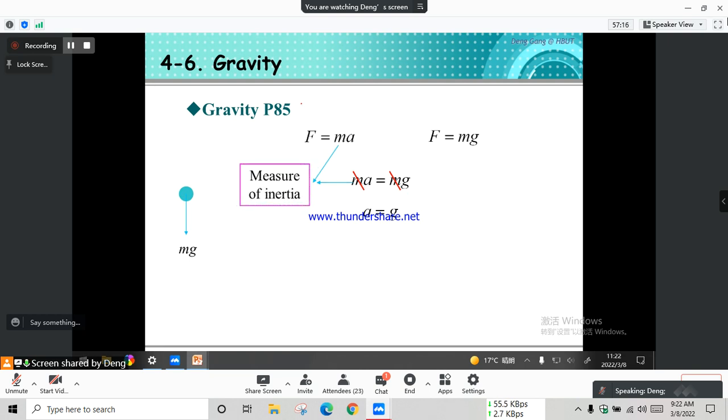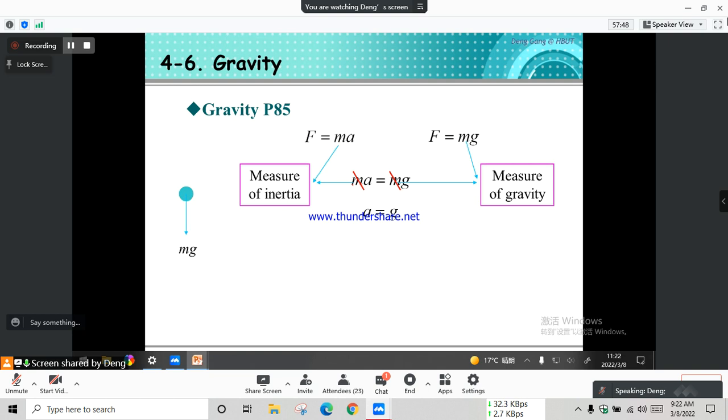But according to Newton's second law, this m is the measure of the inertia. According to this equation, this is the gravity, so this m is the measure of gravity. The heavier the object, the greater the m, because g is constant. Which means these two m's are actually not the same.